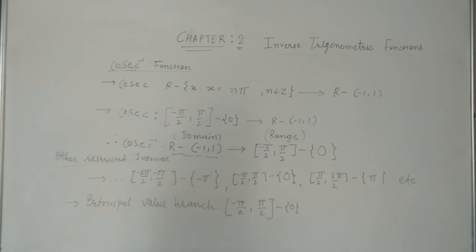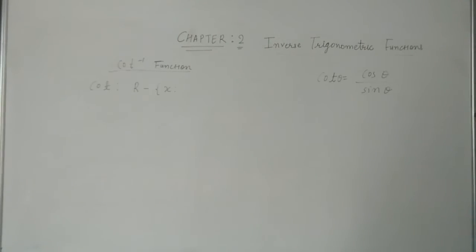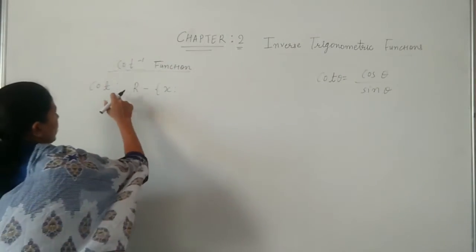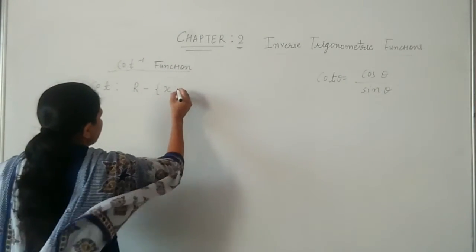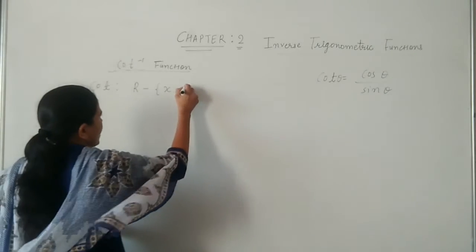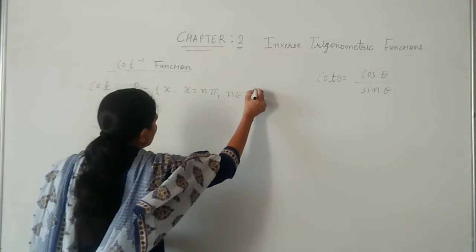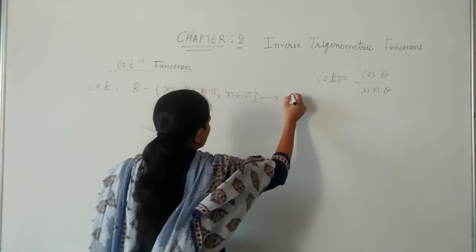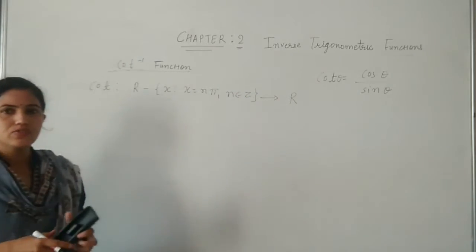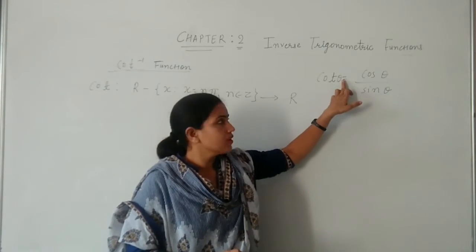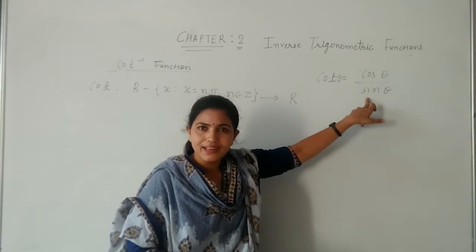Let me see the next function. Not tan inverse, students, it is the cot inverse. So the cot inverse function. Cot is a function from R minus all those x, where x is equal to n pi and n belongs to Z, to R. As we know, cot theta is equal to cos theta upon sin theta.